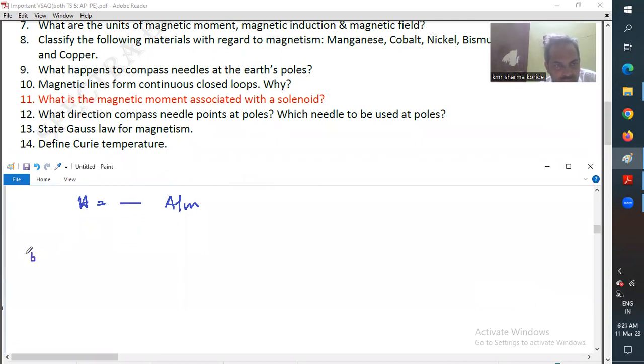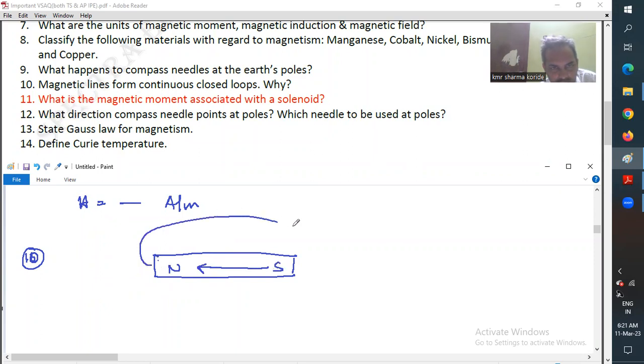Magnetic lines of force. Magnetic lines of force form continuous closed loops. Why? Because this is the bar magnet, say north pole and south pole. Inside the bar magnet, the magnetic lines of force are from south to north. Externally, magnetic lines of force are from north to south.